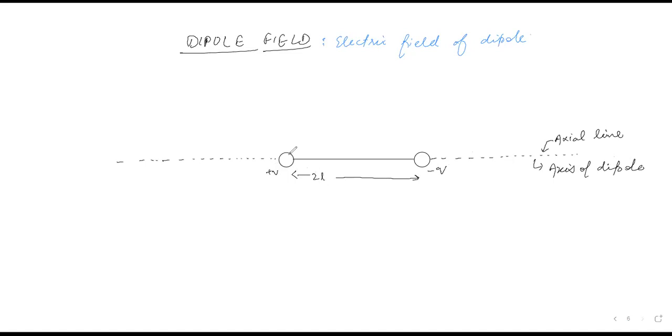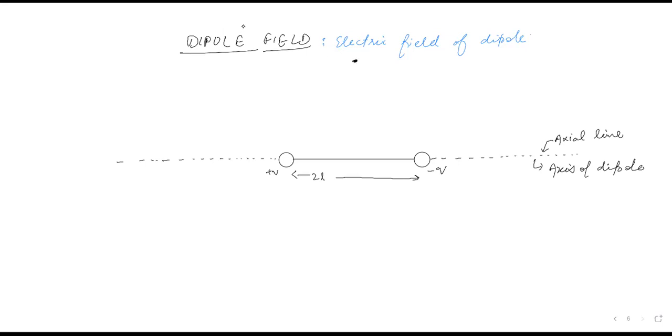Now the point lying perpendicular to the axial line, like this. Suppose you have another point lying at this position.